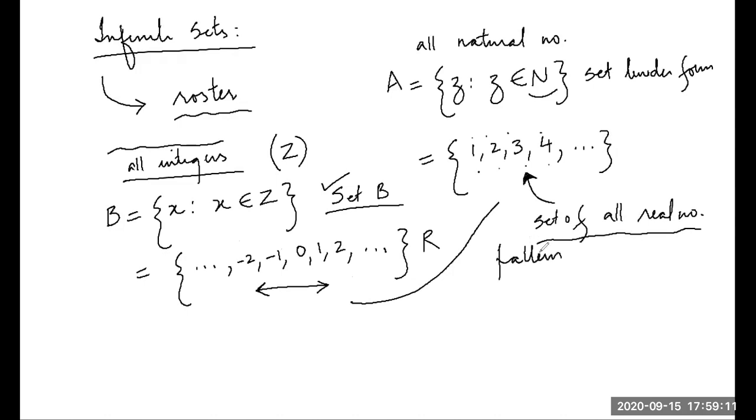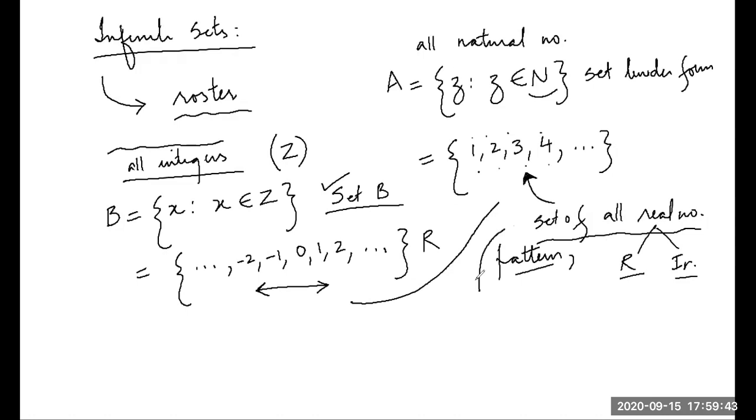No matter how hard we try, we cannot talk about any pattern, any repeated way in which we can write all the real numbers. Why? Because real numbers are rational, and real numbers are also irrational numbers. So how can we think of a set in which all the real numbers will come? It's not really possible to express this kind of set.